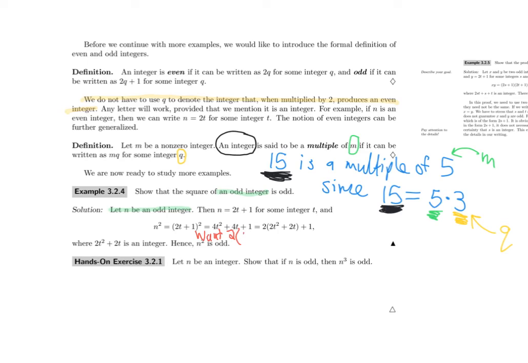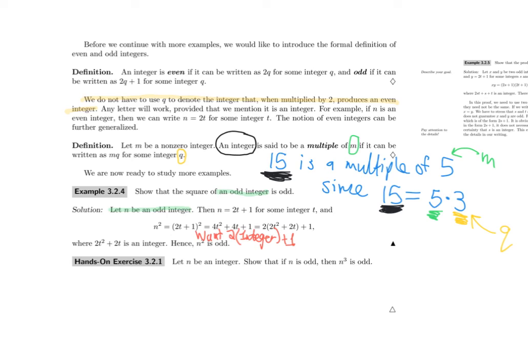And if you notice, that's exactly what we get here. You take the first two terms, 4t squared plus 4t, you notice that you can factor out a 2, and you go from there to show that n squared has the structure of an odd number.